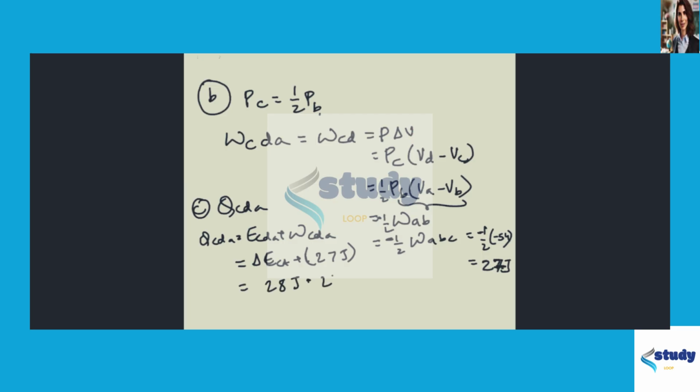So that's 28 joules plus 27 joules, which is 55 joules. For part D, we want to find out the internal energy at A minus internal energy at C. Now this is equal to the change in internal energy during the process going from C to A, which we already found out is 28 joules.